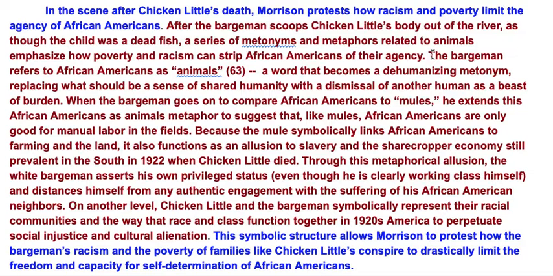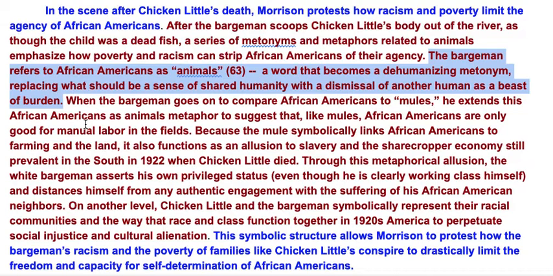The bargeman, we'll go right here. The bargeman refers to African Americans as, quote, animals, end quote, parentheses, 63, parentheses, a word that becomes a dehumanizing metonym, replacing what should be a sense of shared humanity with a dismissal of another human being as a beast of burden.